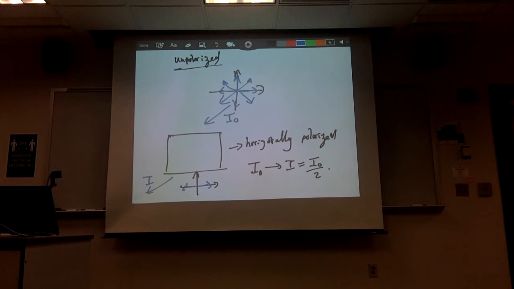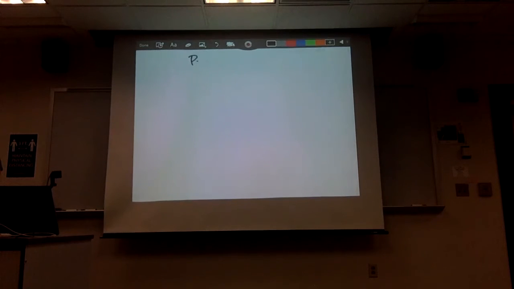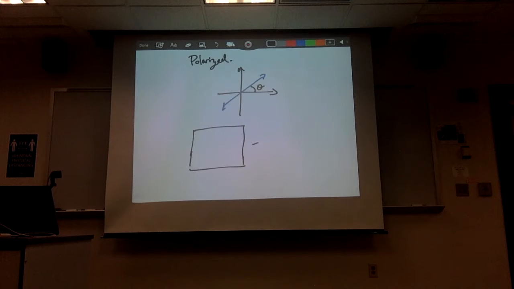What happens if I have polarized light? In this case, let's say I start off with light polarized along this particular axis here, at some angle theta relative to the horizontal. I'm going to pass this through a horizontally polarized polarizer.